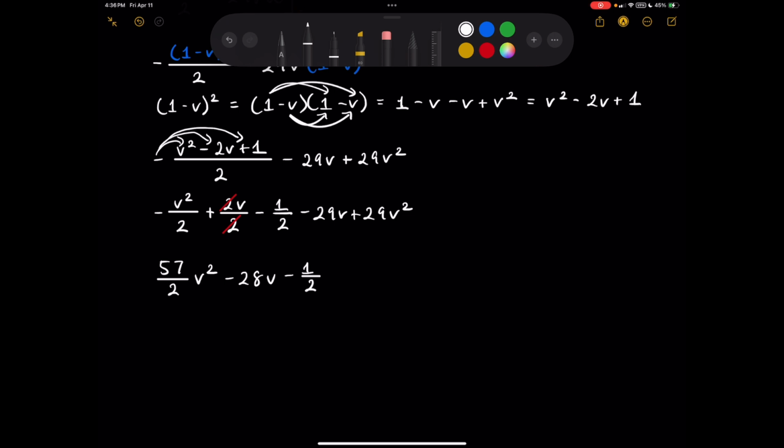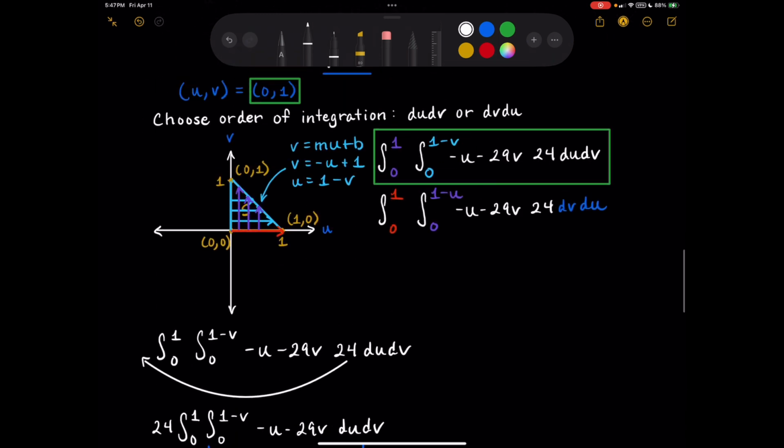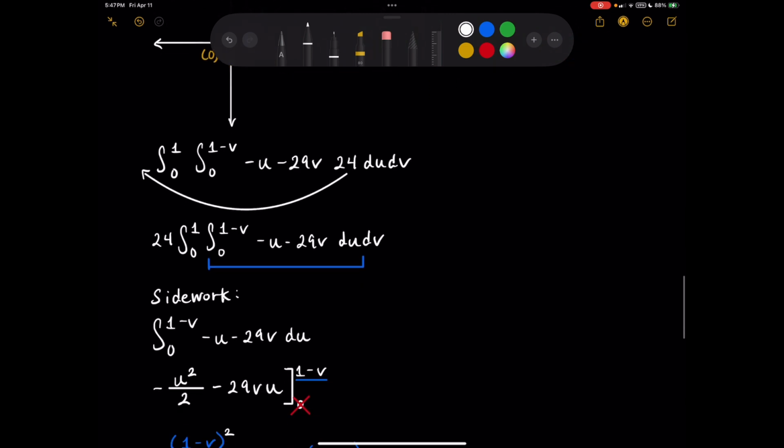So now we can put that back into the original integral and take the outer integral. So now let's put it back in, and we have the integral. Oh, we can't forget the 24, right, on the outside integral. And the outer integral went from 0 to 1, right, from 0 to 1.